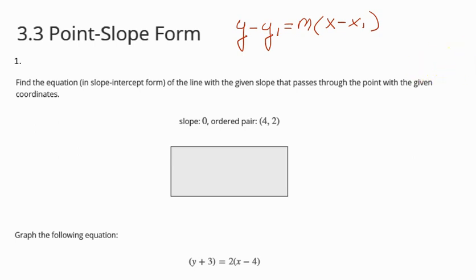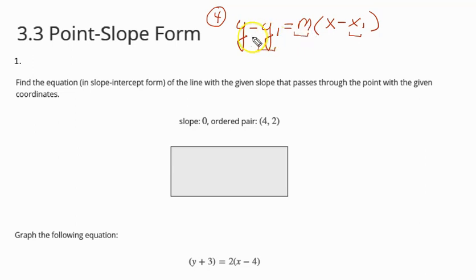Continuing on now to topic 3 of chapter 3, we'll look at one of the other formulas that we've been dealing with, and we're calling this reference number formula 4, which is the point slope form. It gets its name because you have one ordered pair and the slope.